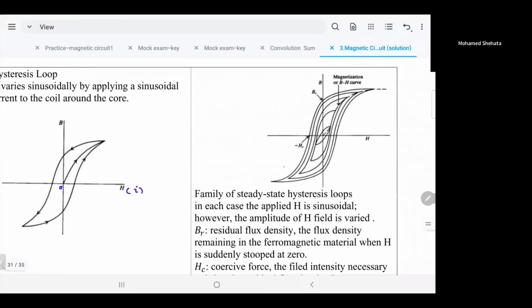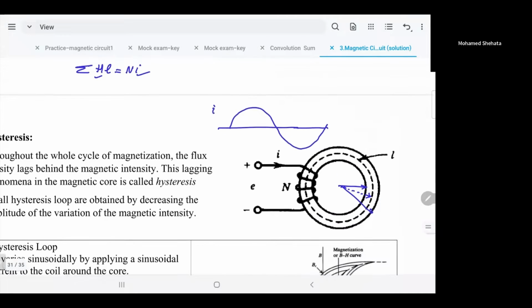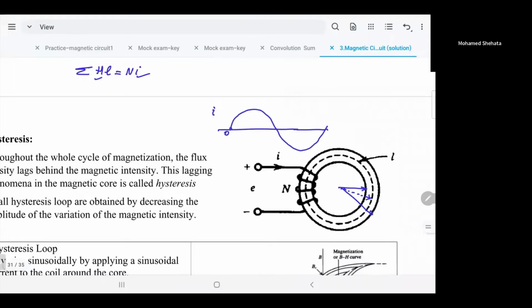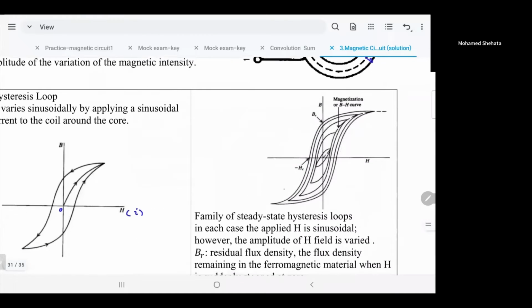So increasing the current, according to the sinusoidal curve here, the current is increasing from 0 up to the maximum value I max. So what will happen? B, the flux density, will increase when the field intensity increases, when the current increases gradually.